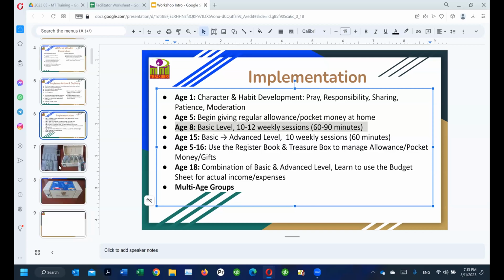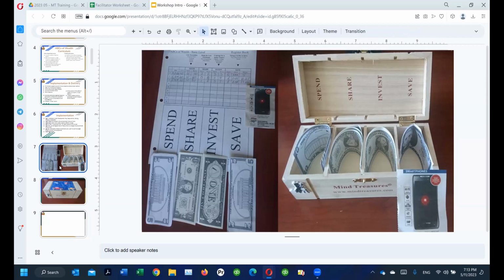When we deliver the program to children, we use these tools. We have a little treasure box for them that helps them understand the concept of spending, sharing, investing, and saving. In class, we give them play money as pocket money, or as we call it here in the US, allowance. So it's very hands-on when we do this for children's schools.